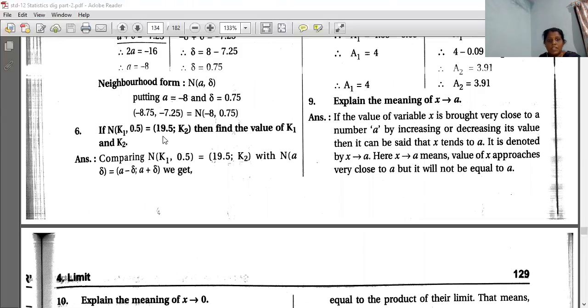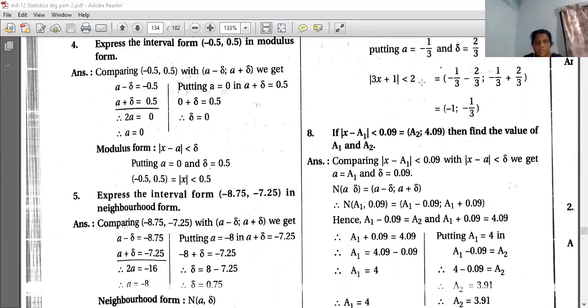Okay. Now here the next important question is, see, this one I have explained. A1 and A. This one I have explained. Sixth question. Right? Now let's see the next question.